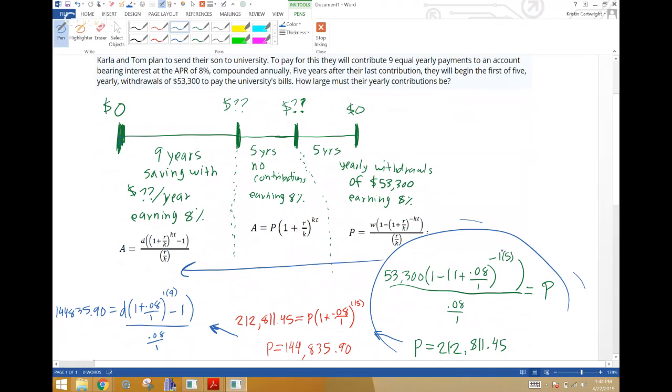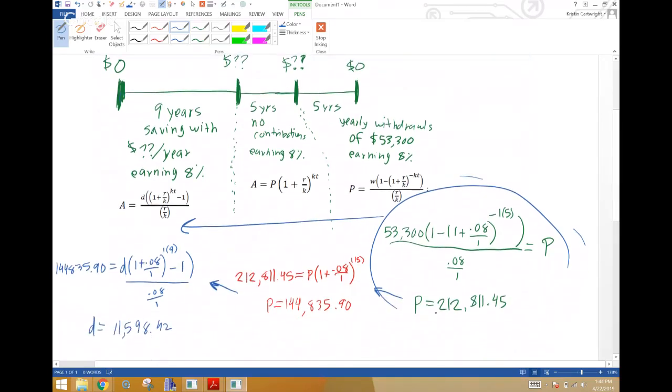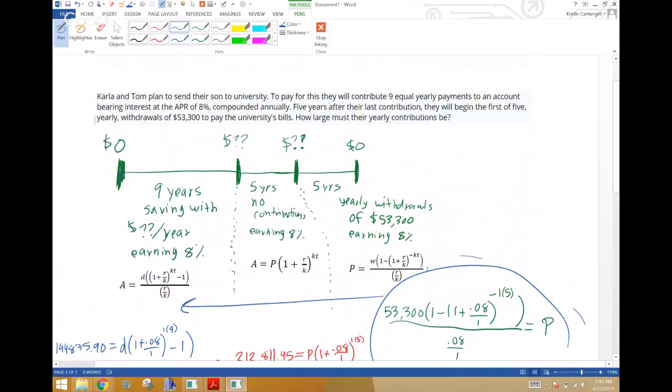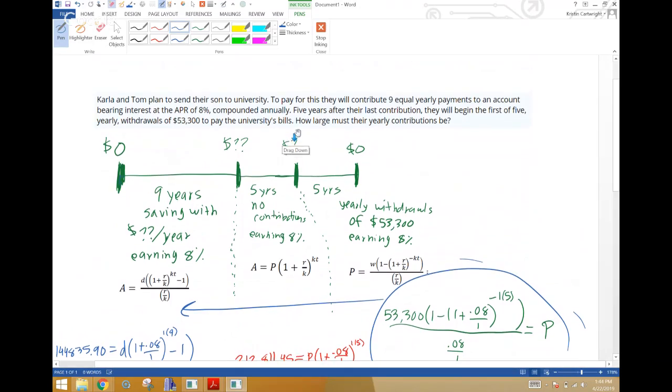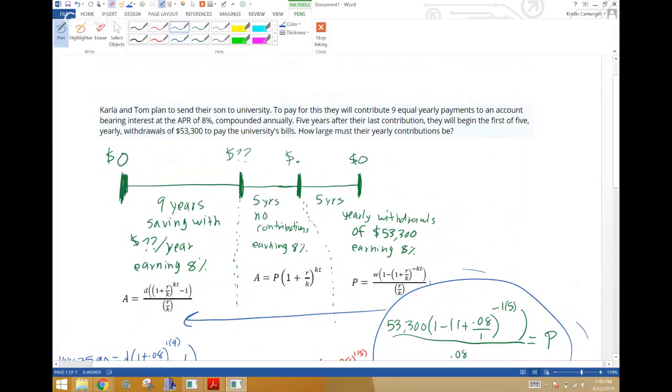And we solve for P, because that will tell us the amount in the account needed to be able to make $53,300 withdrawals for 5 years. If you type it in your calculator correctly, we get a P amount of about 212,800.